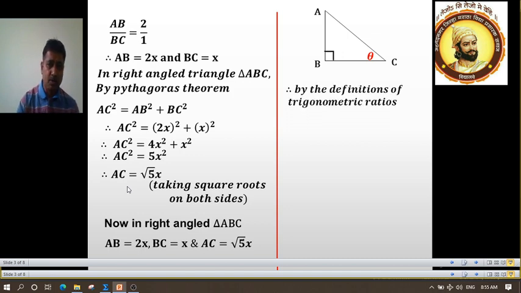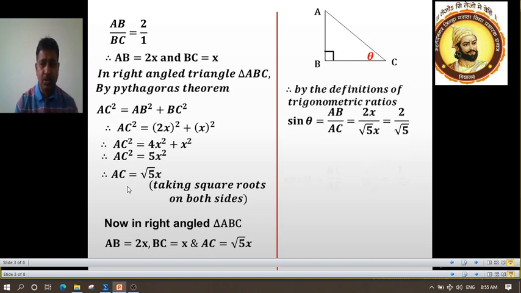First ratio, sine ratio. We know what is meant by sine ratio, opposite side upon hypotenuse. With reference to theta, opposite side is AB and hypotenuse is AC. So AB upon AC, but AB is 2x, AC is root 5 x. So x cancels, we have 2 upon root 5.